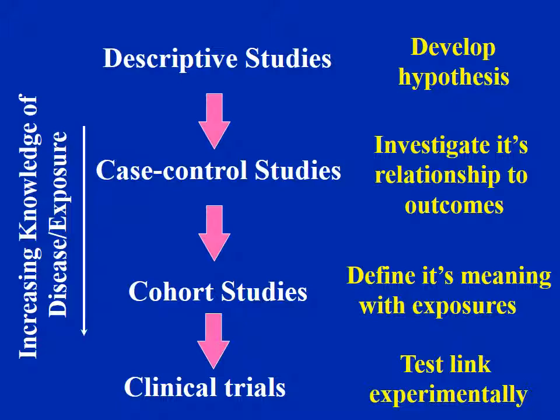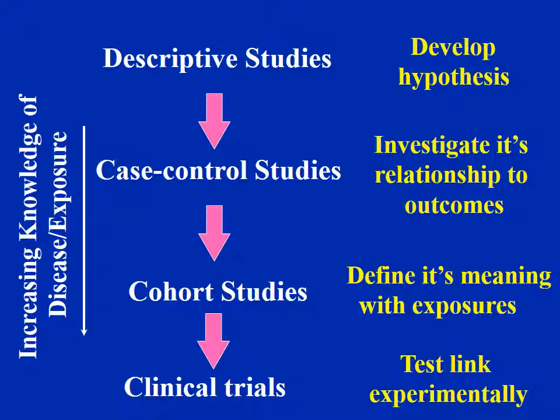Cohort studies allow us to more explicitly understand the exposures, where we look at exposure and follow people to disease, either forward or backward in time. And then clinical trials, or randomized controlled trials, allow us to experimentally expose people. In most cases for environmental health, we cannot allow people to be exposed to harmful substances, but we can allow them to be exposed to prevention.